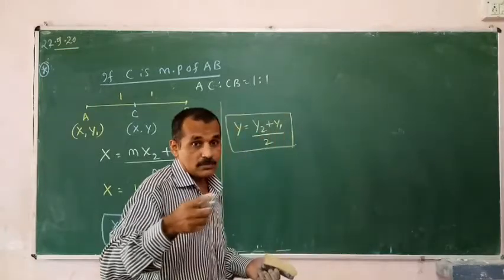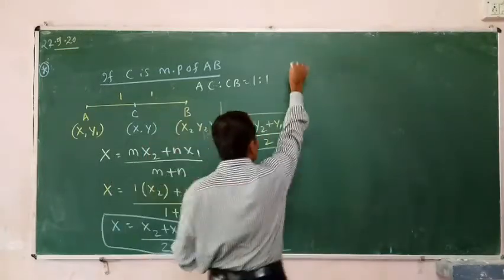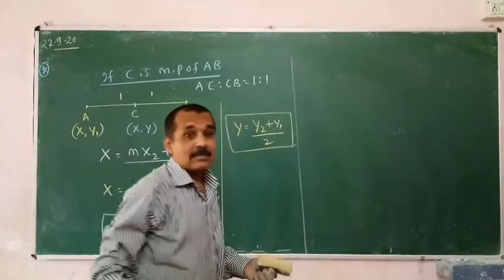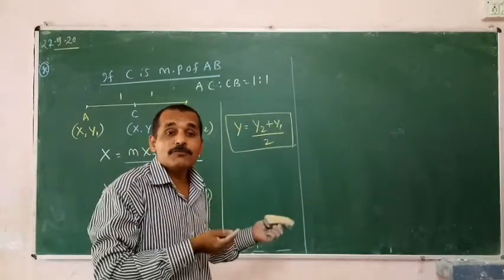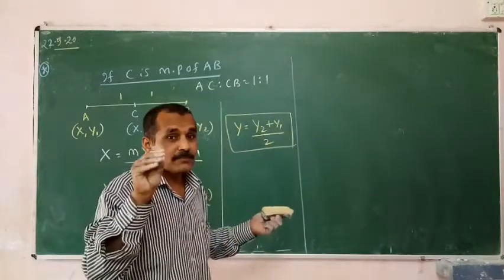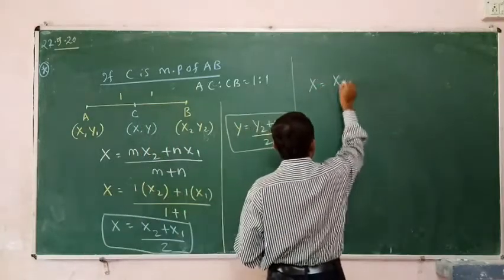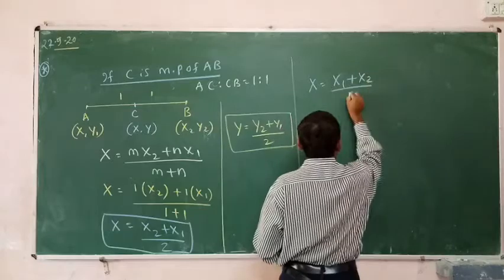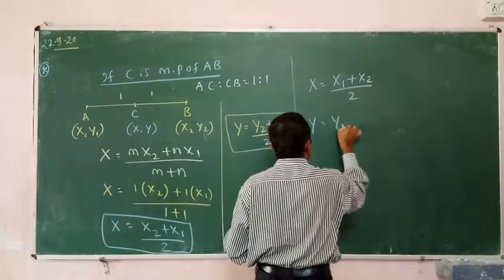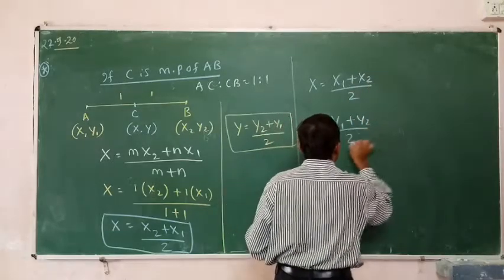So tomorrow when I start the problems, this will be one of the formulas in your kit, so that you can use it. What? x is equal to (x1 plus x2) divided by 2, y is equal to (y1 plus y2) divided by 2.